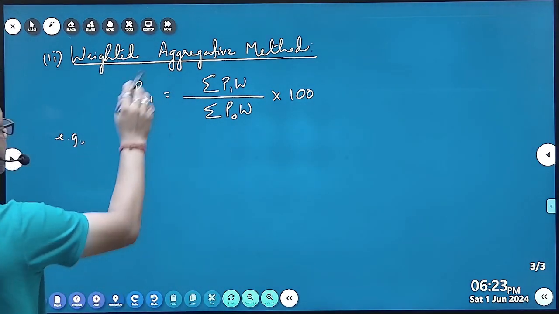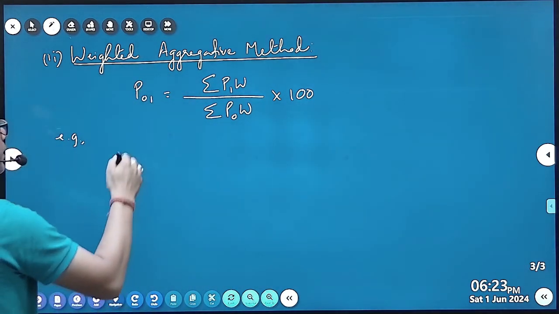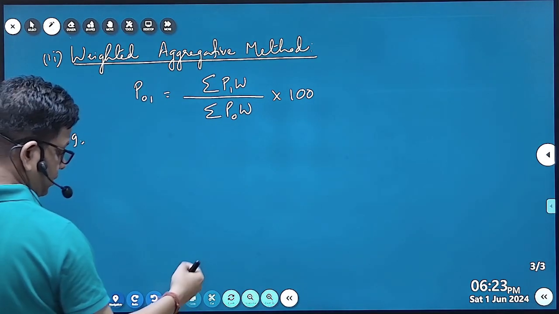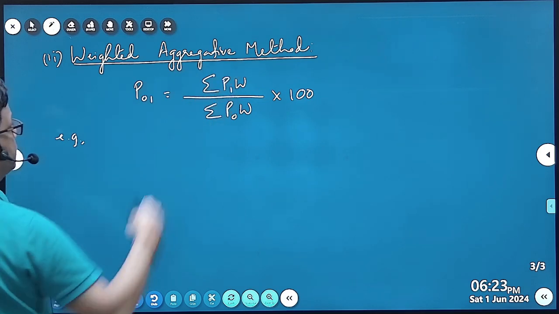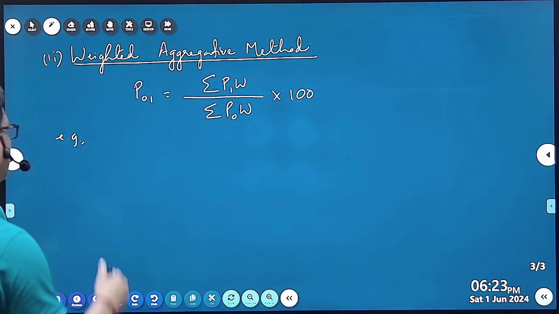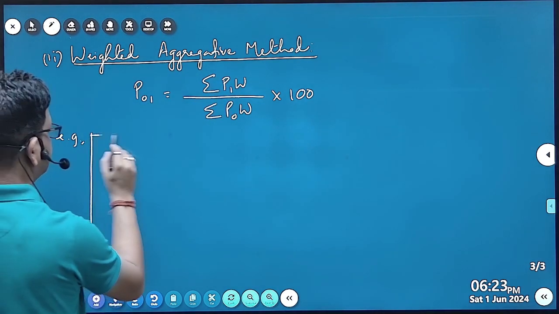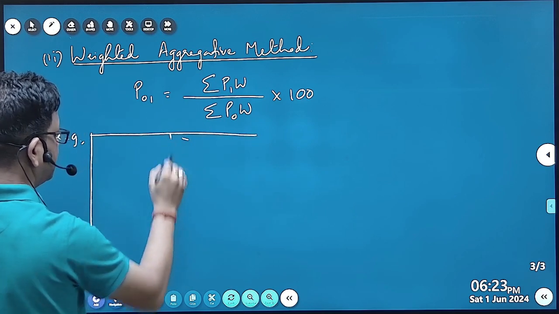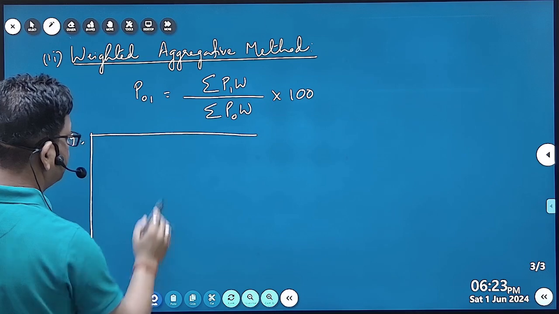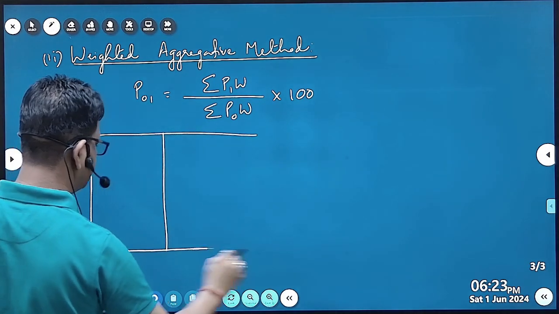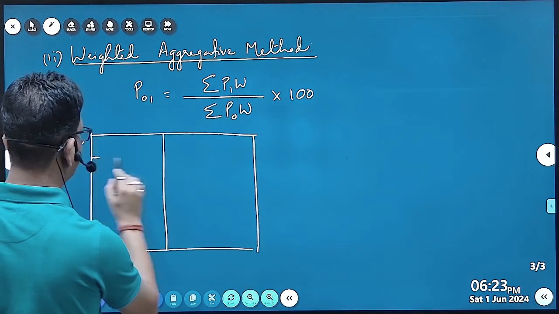The question comes like that: find the weighted aggregate, weighted price indices using this weighted aggregative method. I don't write the question, but just make the table. You all try to do. Almost the same example I keep.